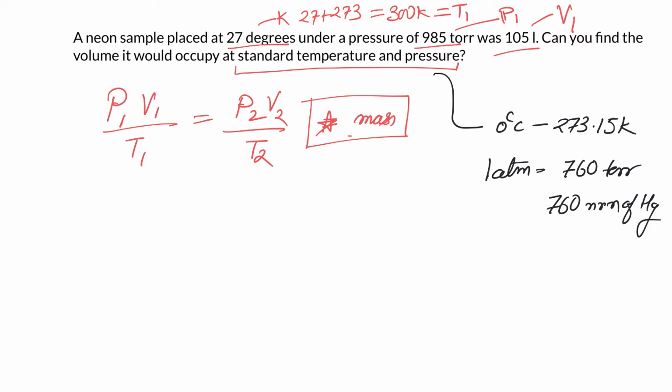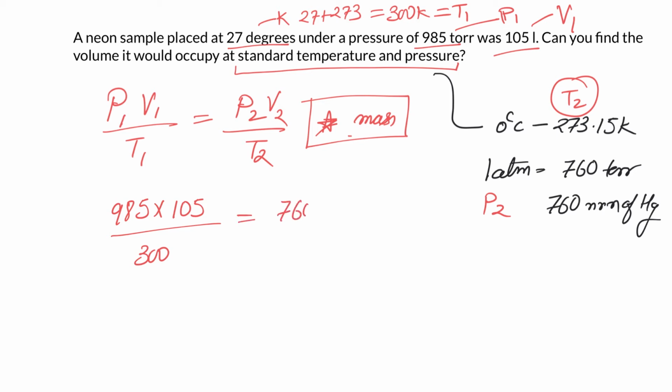Now, let's try to solve this one, and this is very easy. Now you know your T2 is 273, your P2 is 760. So let's write out the equation. 985 multiplied by 105 divided by 300 equals 760 times V2, which we don't know.